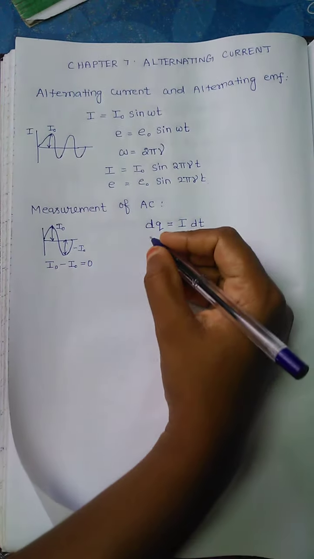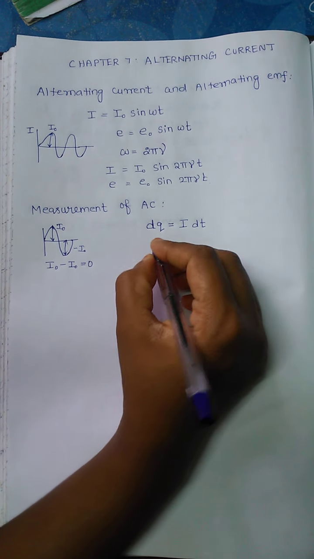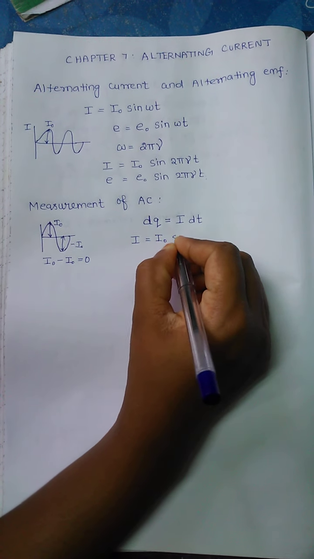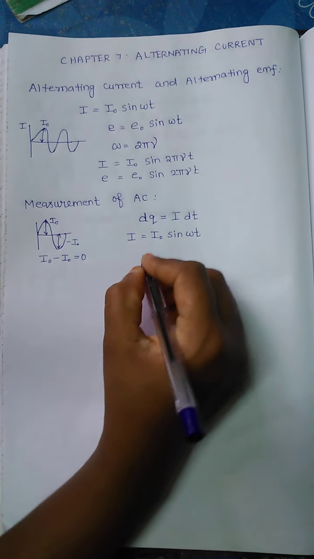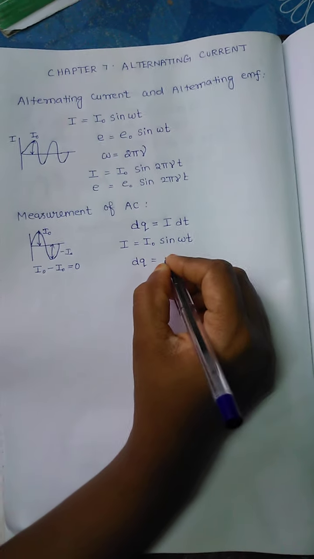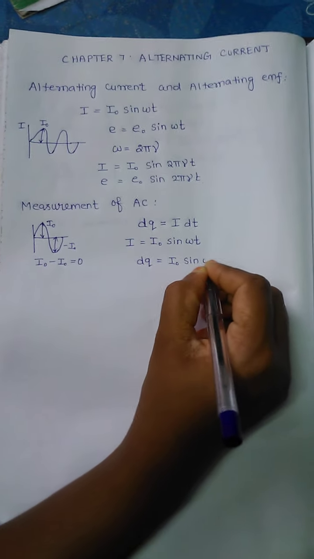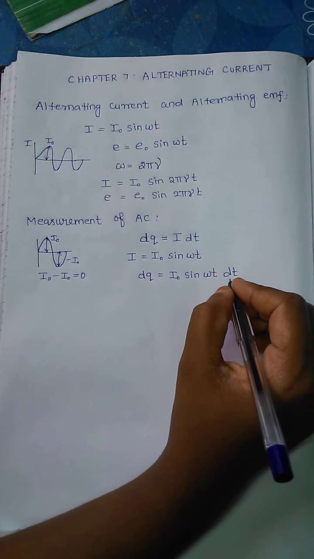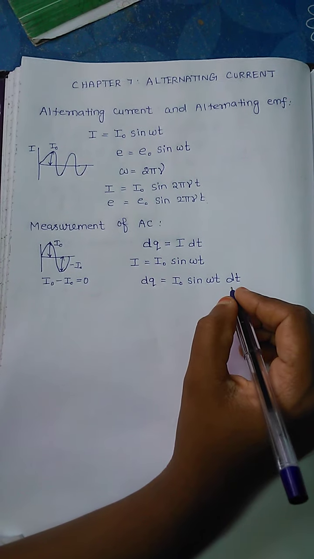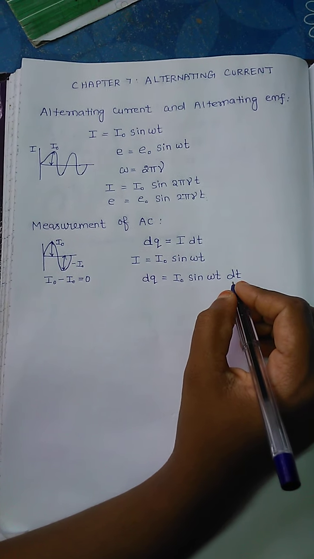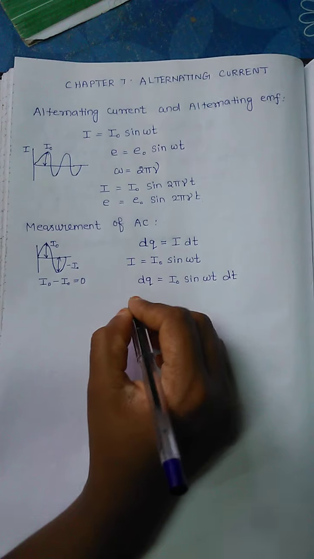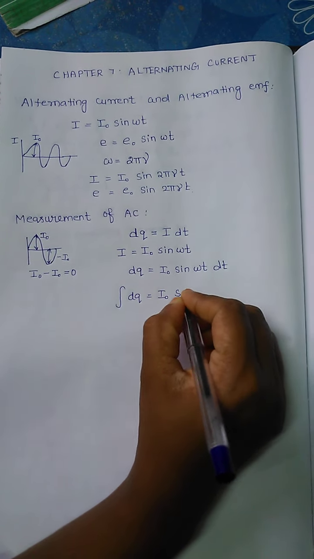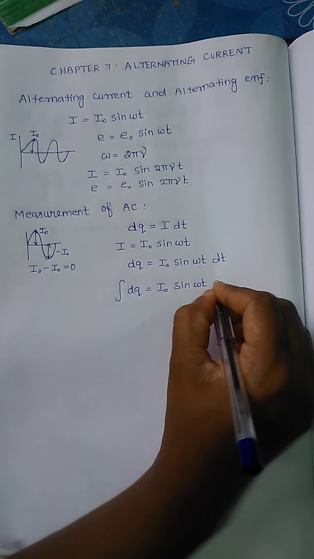Take I = I naught sine omega t and substitute: dq = I naught sine omega t dt. Here dt is a small time interval in which the charge dq passes over one complete cycle.